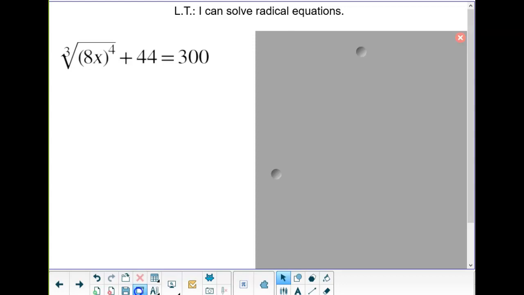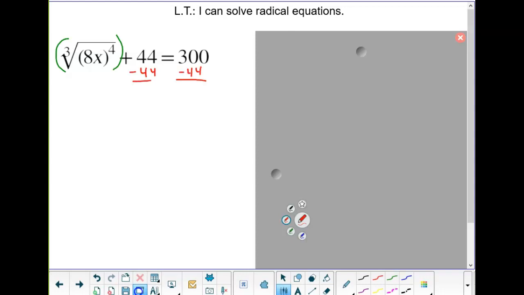So anything that has a cube root or a fourth power, you can think of all of this as being grouped together. I need to isolate that. So what I have to do is subtract the 44 from both sides. We'll get 256.